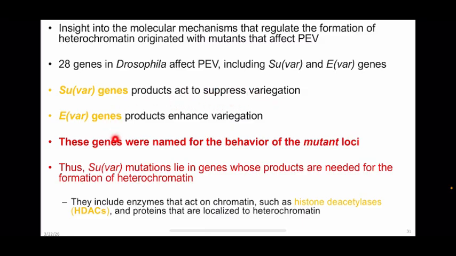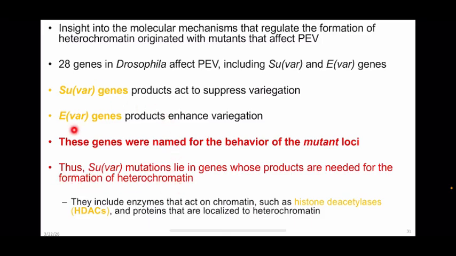Okay, so the last point here is saying that the mutations lie in genes whose products are needed for formation of heterochromatin. So normal genes that cause formation of heterochromatin. So if SU mutations come in, then they are going to suppress variegation. Suppressing variegation means they are going to reduce the formation of heterochromatin.